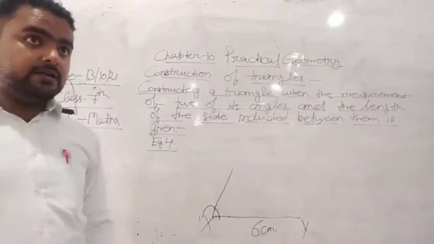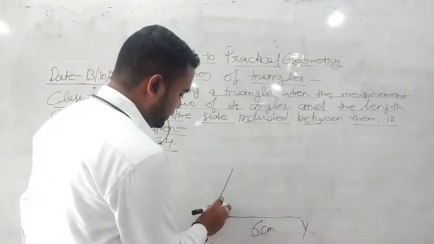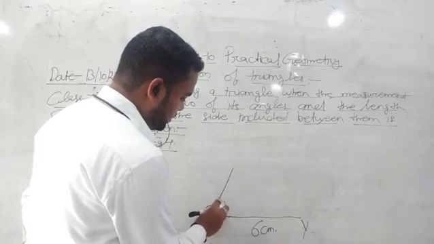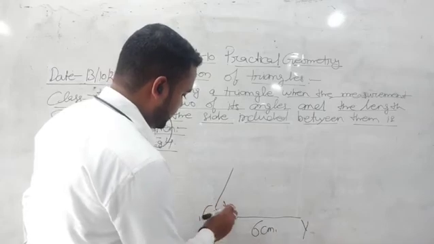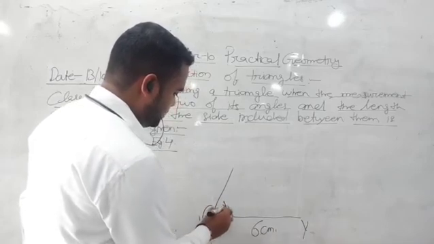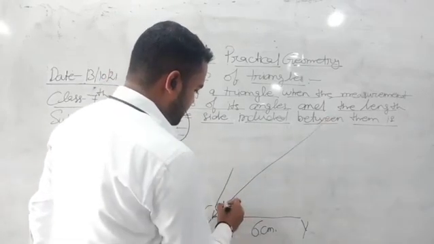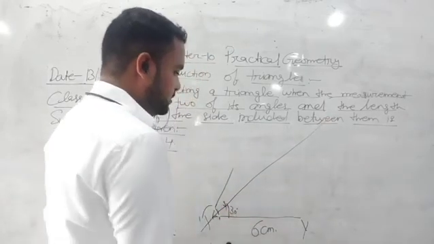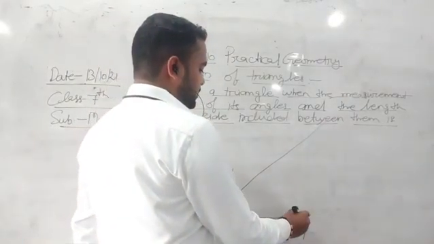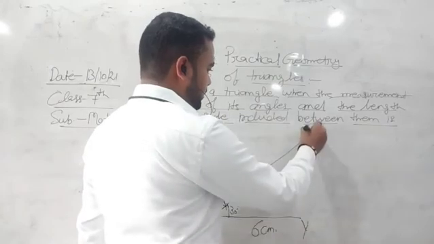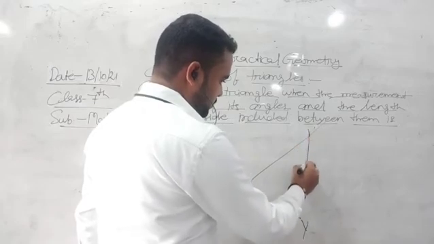You have to find its bisector. For that, with the same radius and from center here, draw an arc like this, and with the same radius draw an arc like this and join it. It is a 30 degree angle. Now from point Y as a center, you have to draw an angle of 100 degree with the help of protractor.